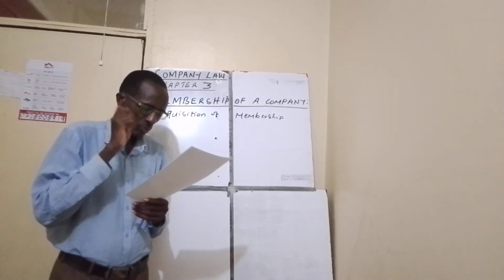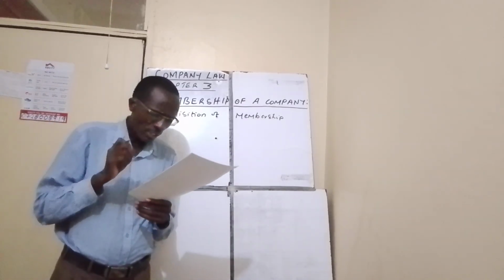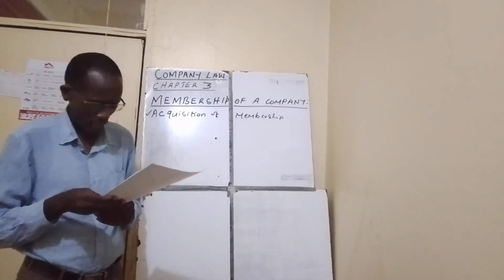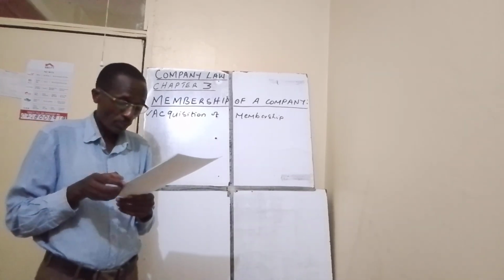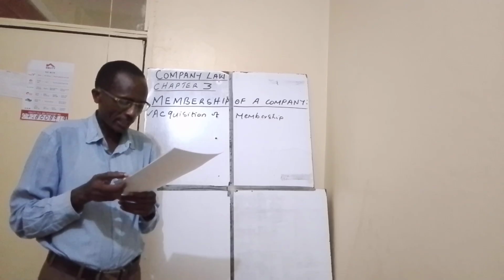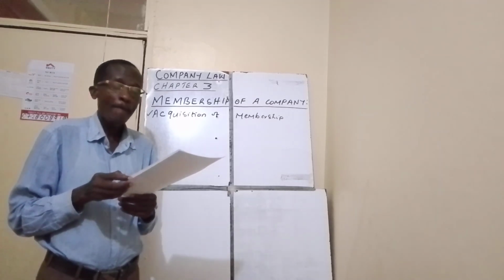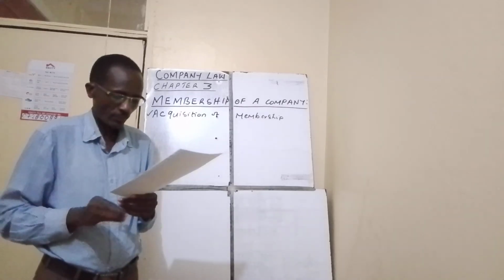So, transmission on death of a member. Transmission is a legal process by which ownership of shares in a company changes automatically on the death of a member to his personal representatives.